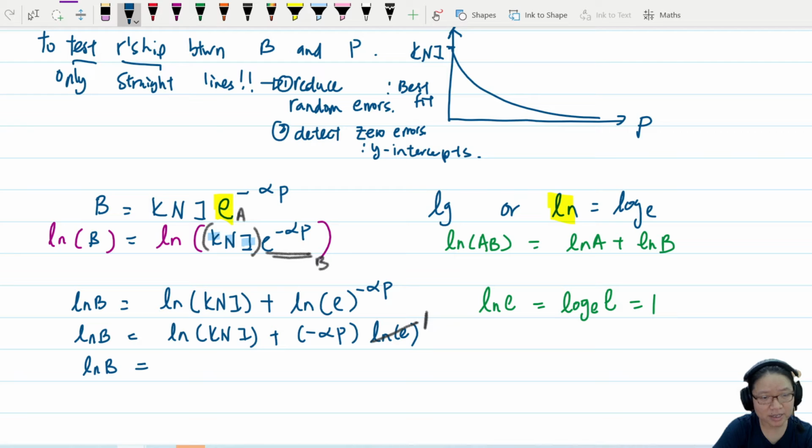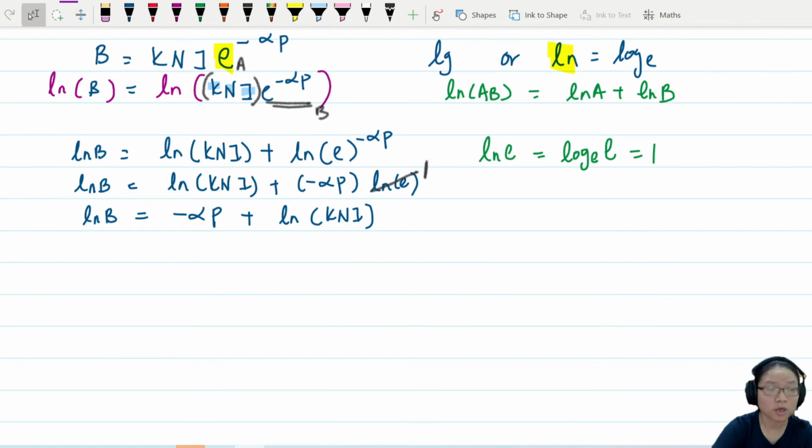Here, I rearrange: negative alpha p plus ln KNI. Ooh. Now let's think about what is the general equation of the straight line. Okay, compare with the general equation of a straight line. And that equation will be y is equal to mx plus c.